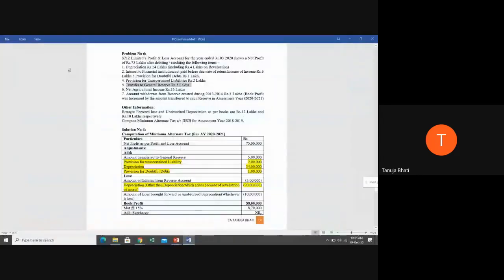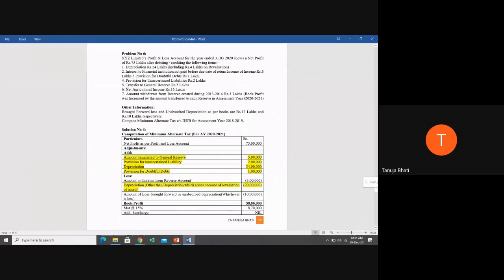So here, is it transfer or withdrawal? You're transferring to general reserve 5 lakh. So you're going to add it or delete it? Transfer to general reserve, what effect are you going to give to this? Ma'am, add it. Add it to the net profit.